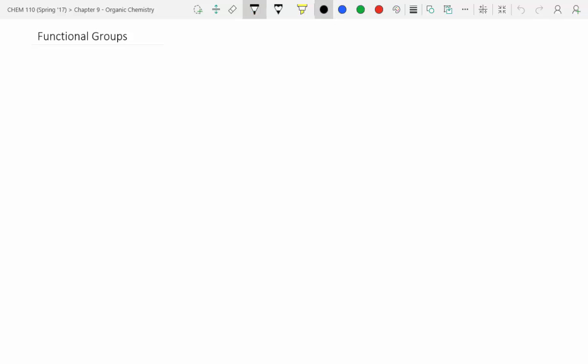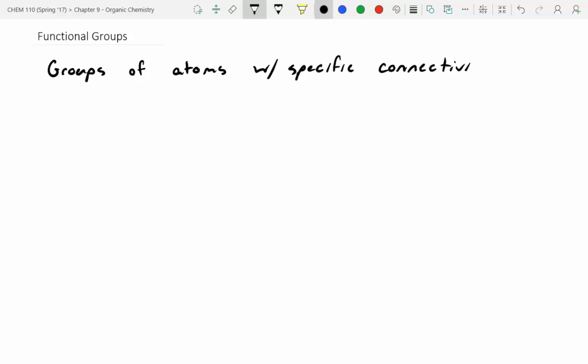All right. So functional groups are groups of atoms with a specific connectivity. The way I like to describe these is that they are the body parts of a molecule.